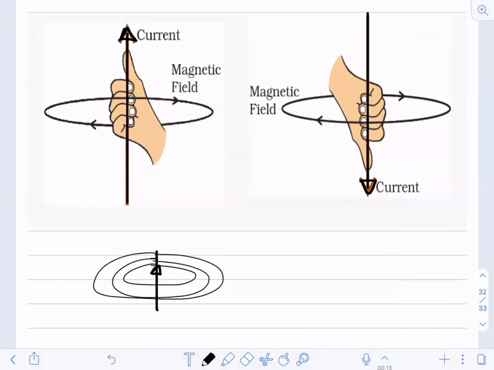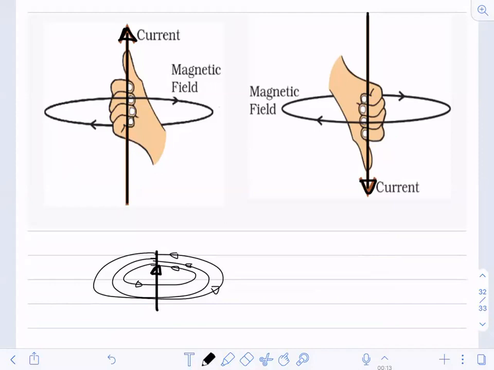So what you are seeing, is this moving in a clockwise direction or anti-clockwise direction? They are moving in an anti-clockwise direction. Good.